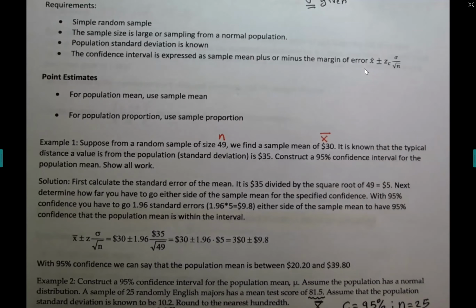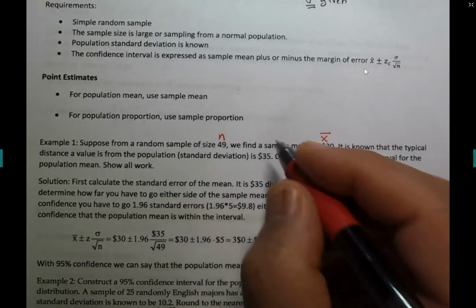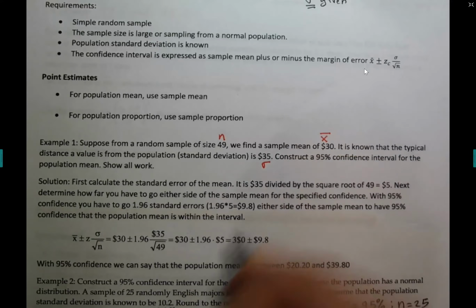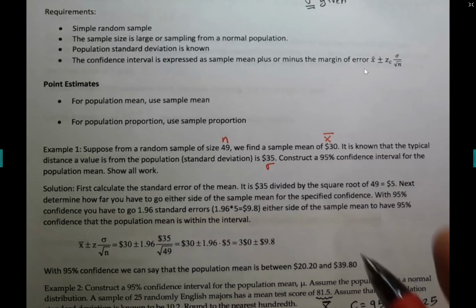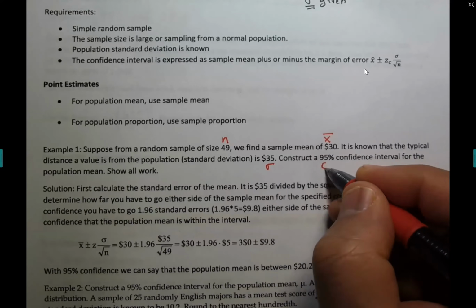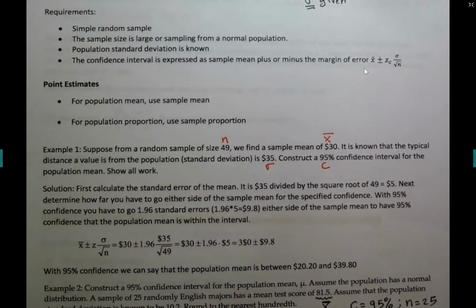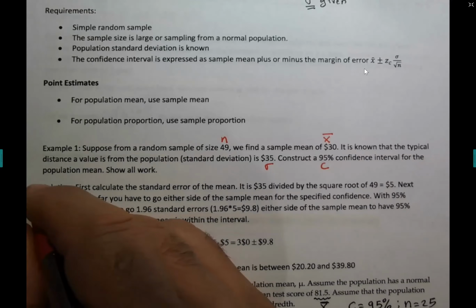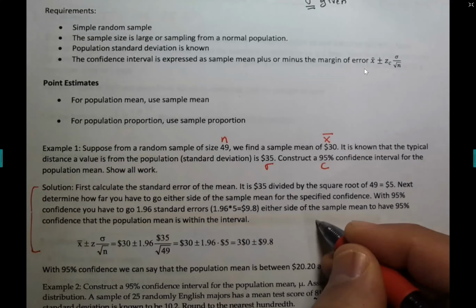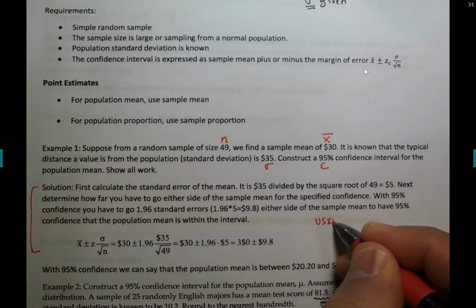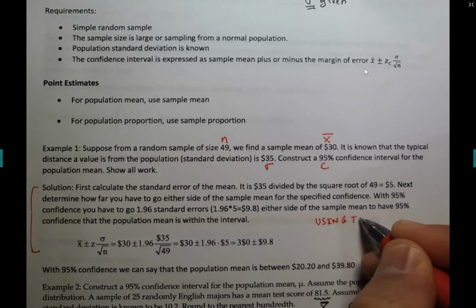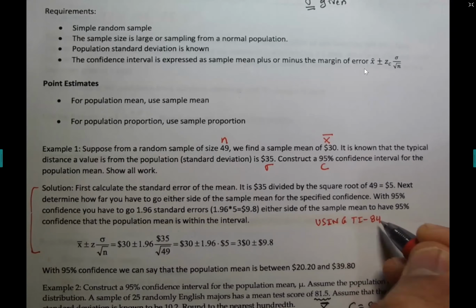It's known that the population standard deviation is 35. He's giving you the population standard deviation, that's sigma. Compute a 95% confidence interval, that's C. And this is all you need, guys, to plug it into the calculator.